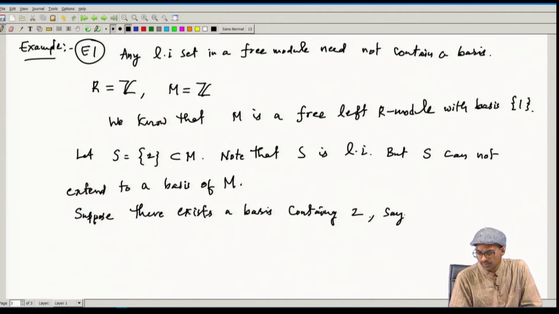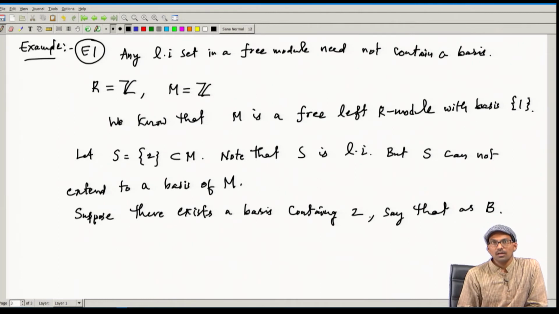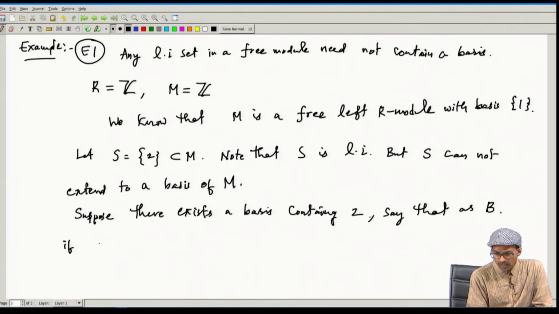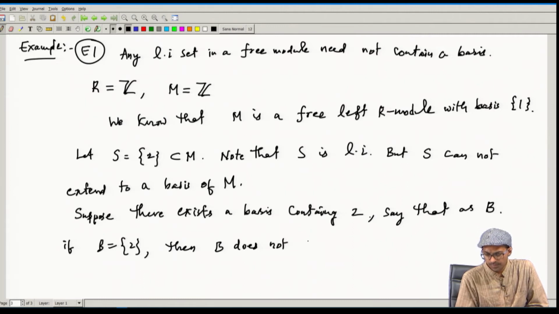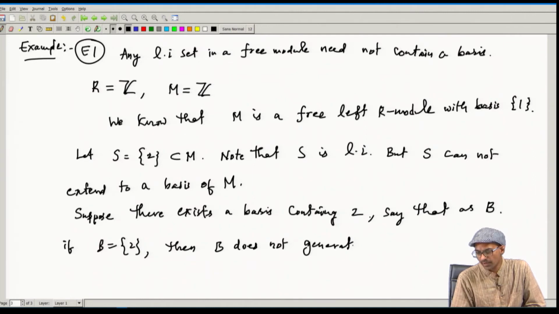So then if B is equal to the singleton set {2}, then B does not generate M over Z. M is Z itself.